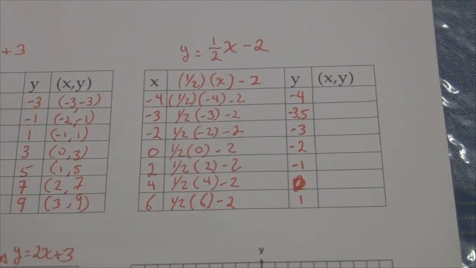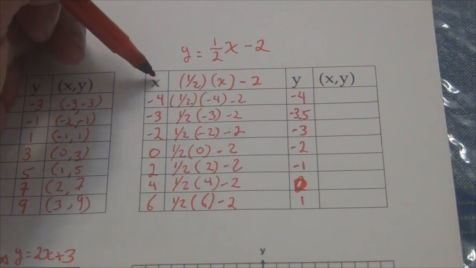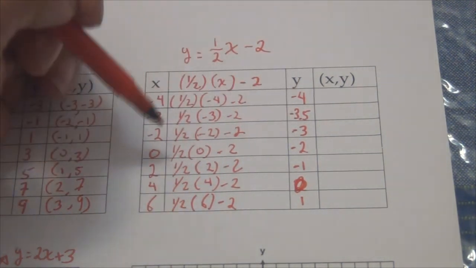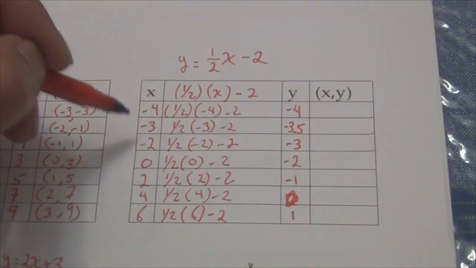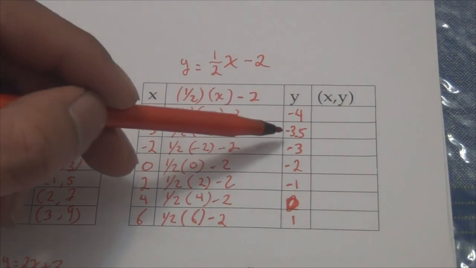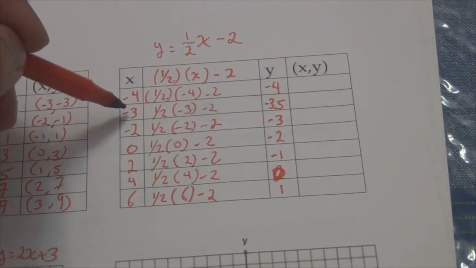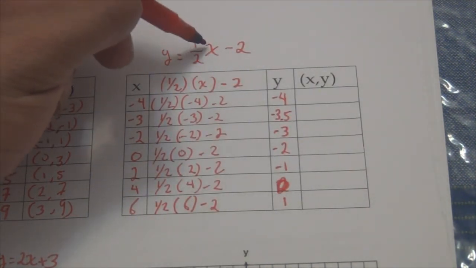You could pause it and then think about it. Look, when I gave even numbers for my x, I got nice values, whole numbers, integers. But when I give an odd number, I get a decimal. And that's why I only gave one odd number. Well, this number is multiplying x.